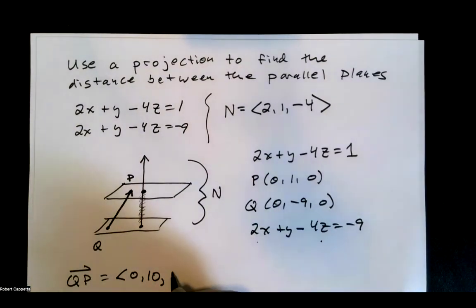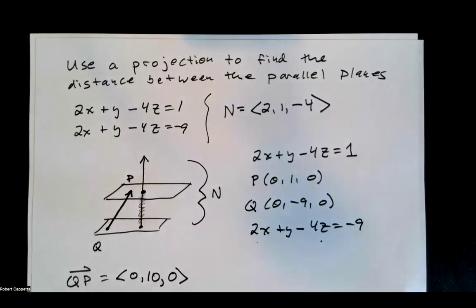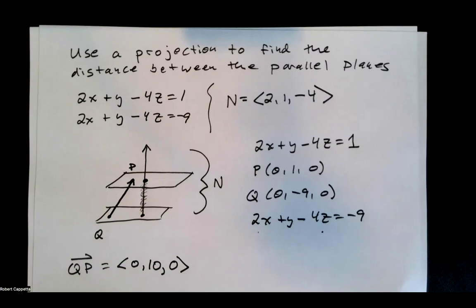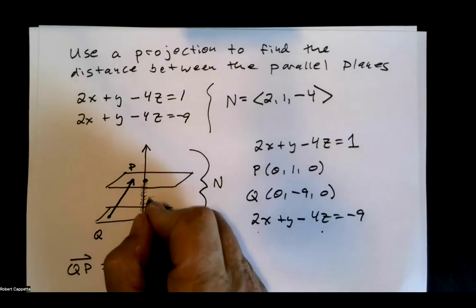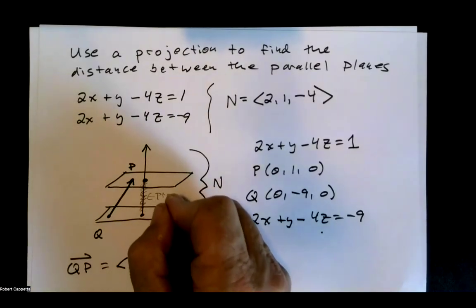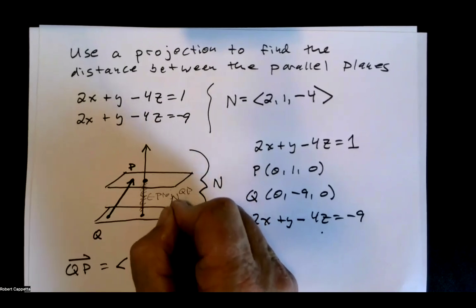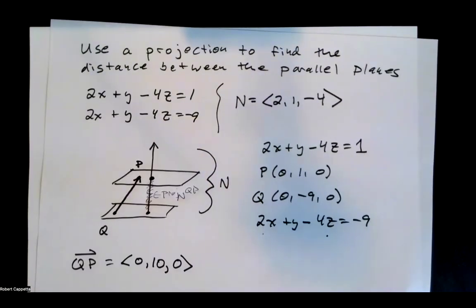And from 0 to 0 is 0. So that's my vector for QP. And I need to project QP onto n. We see this? This vector here is the projection of QP onto n. The magnitude of that vector will be the distance between the two planes.